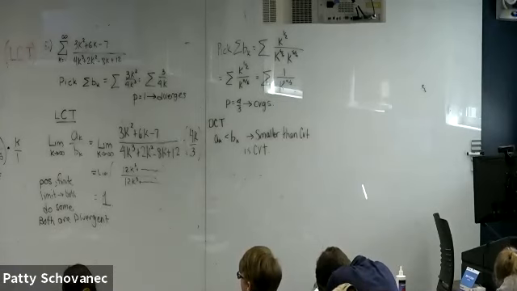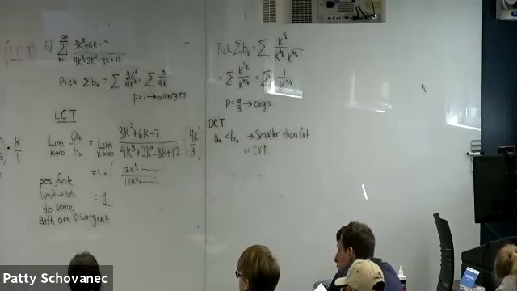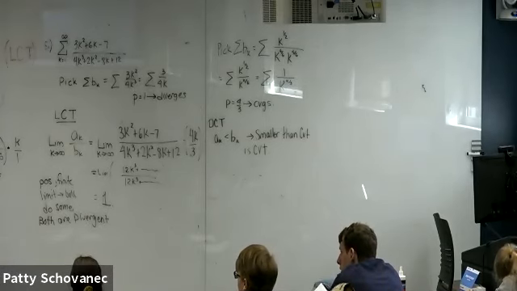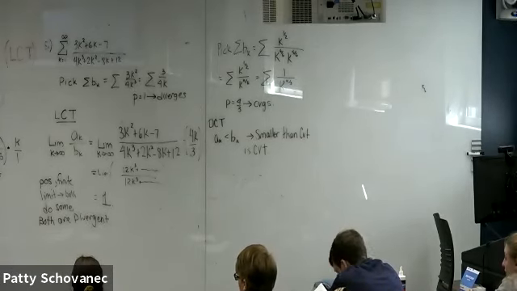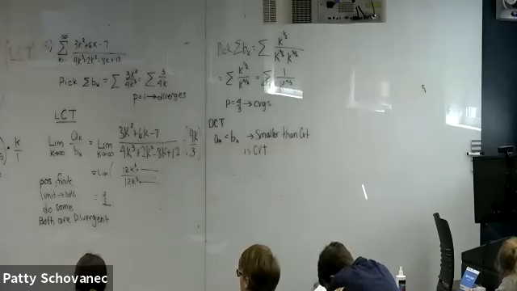This numerator here is smaller than this numerator because I put the largest value of this function in there. So now if I divide both sides by the same positive number, the inequality stays the same.